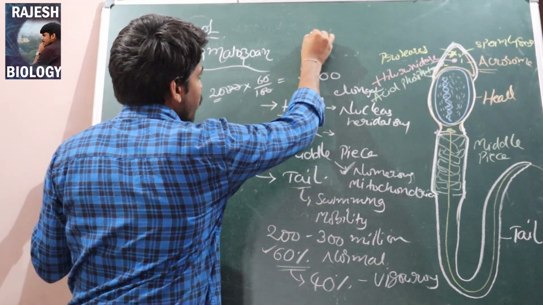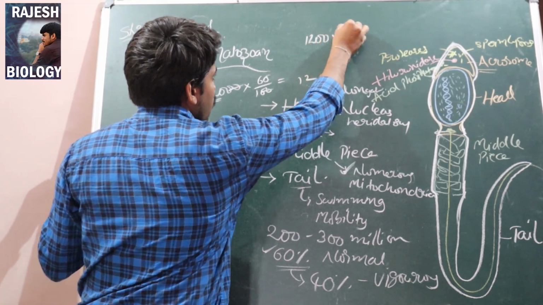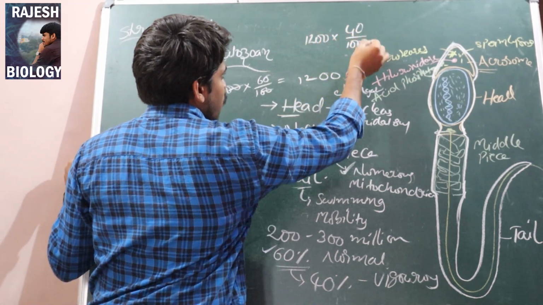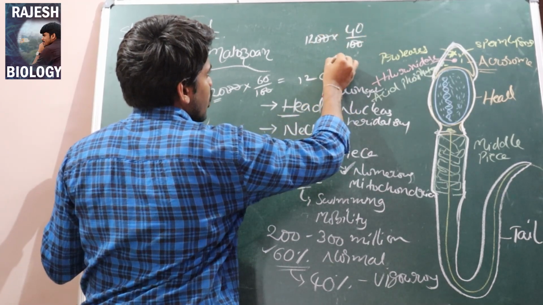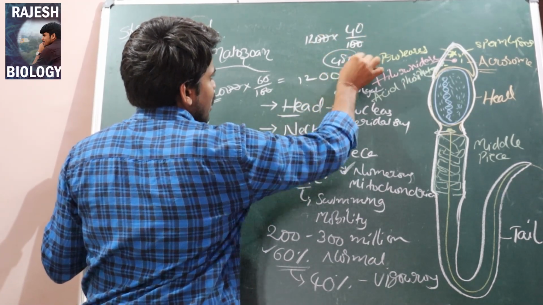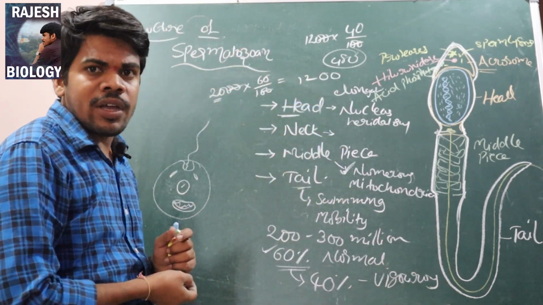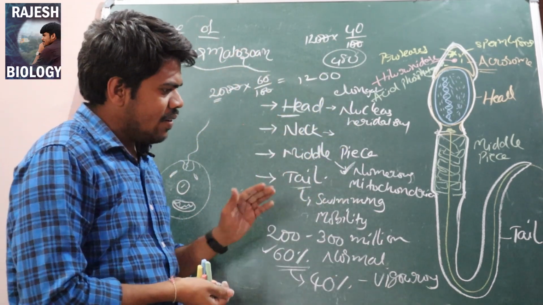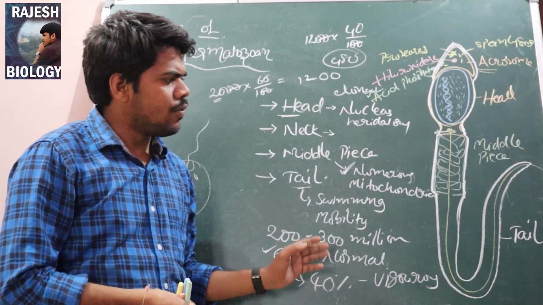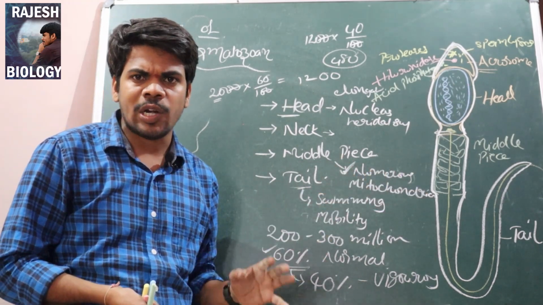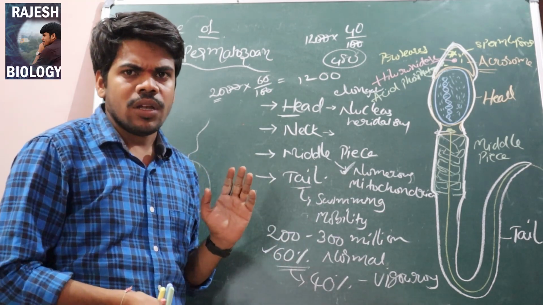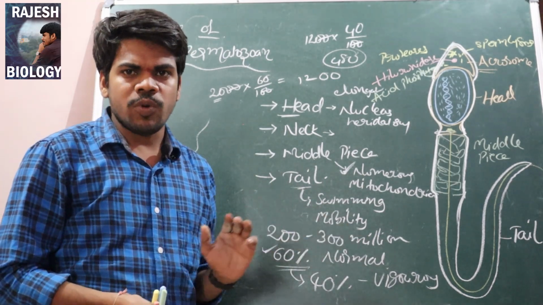Out of 1200, 40% show vigorous contractions. So 12 into 40, 480 sperm cells show vigorous contractions. Like that they will ask from this point of view, and they also ask the function of the middle piece, which has the mitochondria that provide nourishment and energy to the sperm cells.